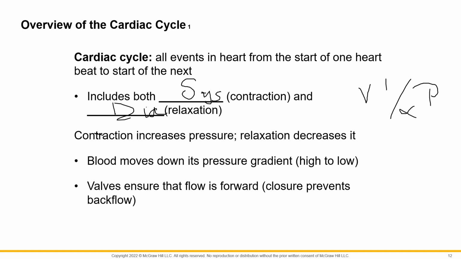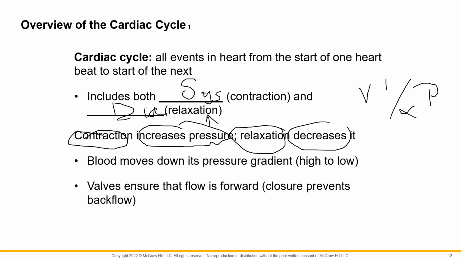So contraction decreases the volume of the heart chamber, and therefore, by Boyle's law, pressure inside the heart chamber increases during systole. The opposite happens during relaxation or diastole. During relaxation, the volume of the heart chamber increases. Therefore, pressure inside it decreases.